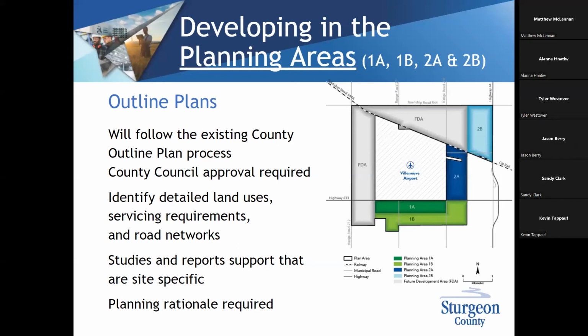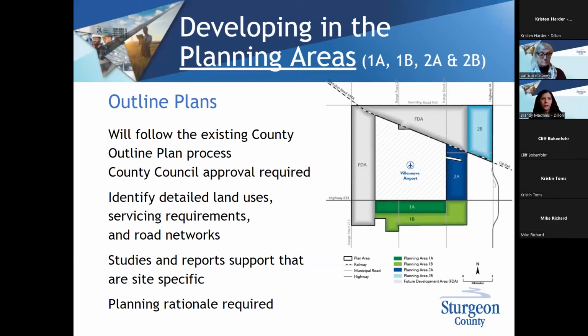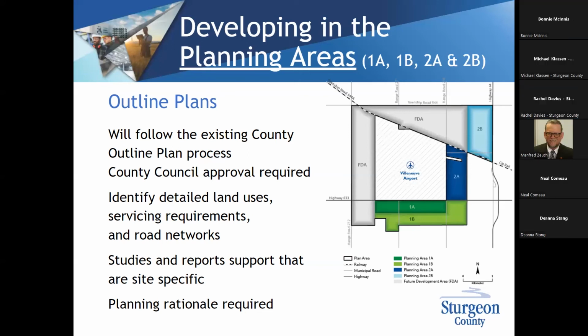The outline plan will identify detailed land uses, servicing requirements, and road networks. And of course, studies and reports that support that outline plan, specific to the site with more detail than we would see at the area structure plan level, will also be needed, along with the planning rationale for why the plan includes the types of uses that it does, in particular in proximity to the airport.